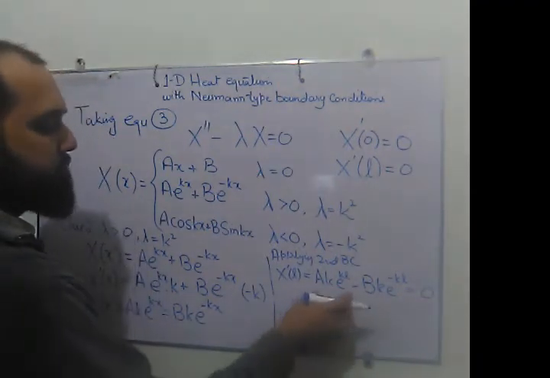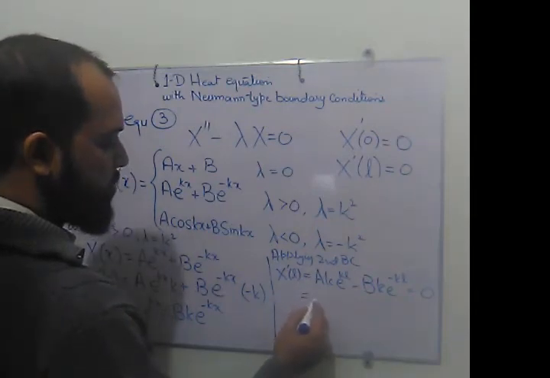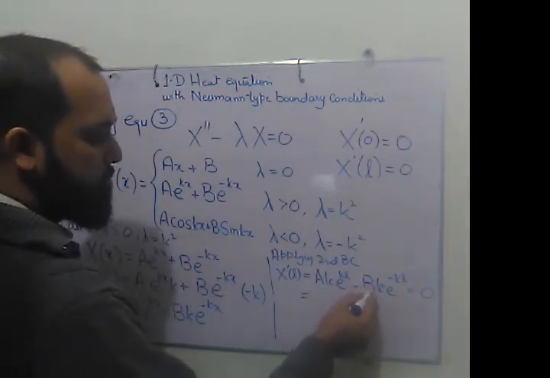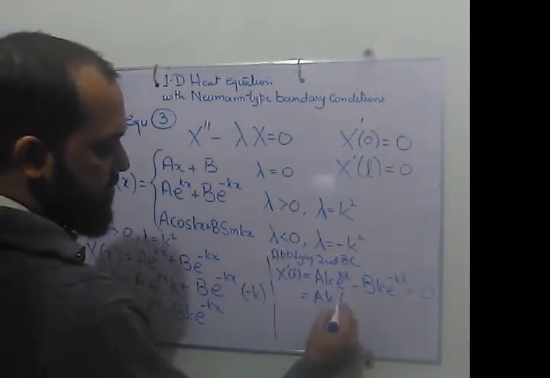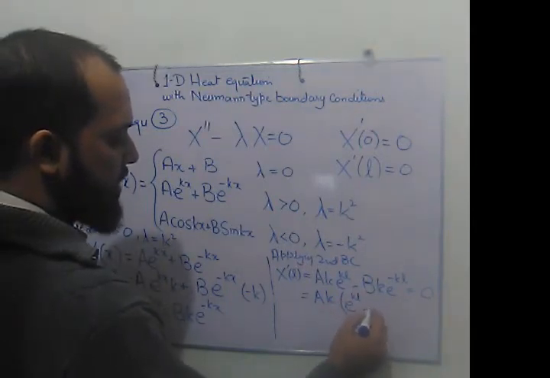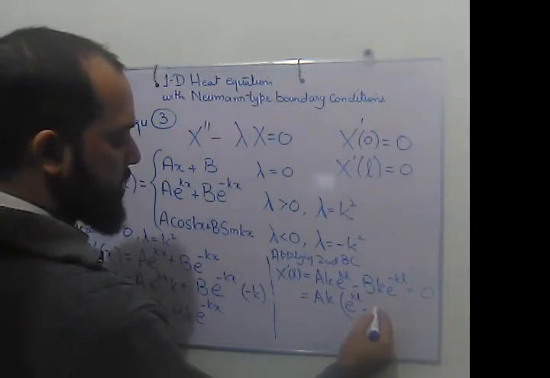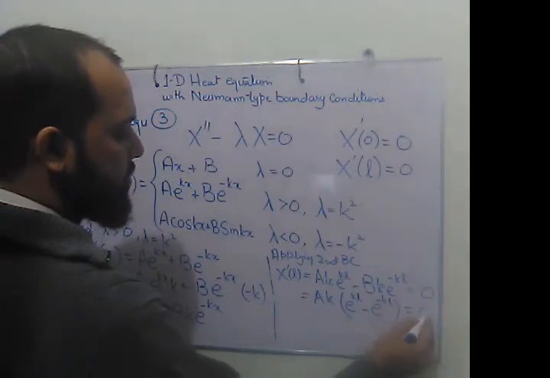However, we have found that b is equal to a, so we can replace b with a and take it common with k. So we have exponential kL minus exponential minus kL is equal to 0.